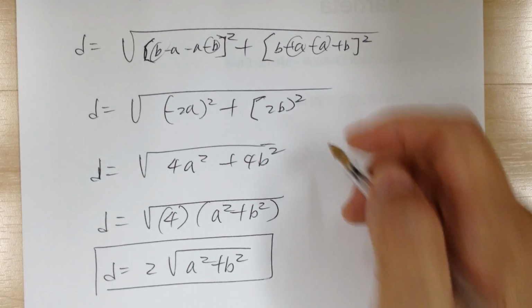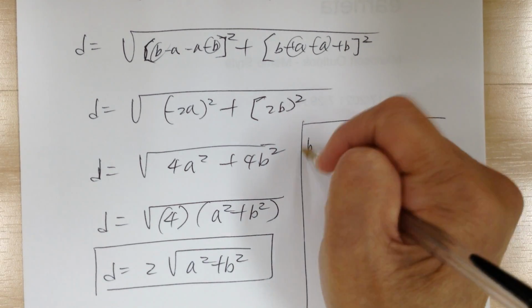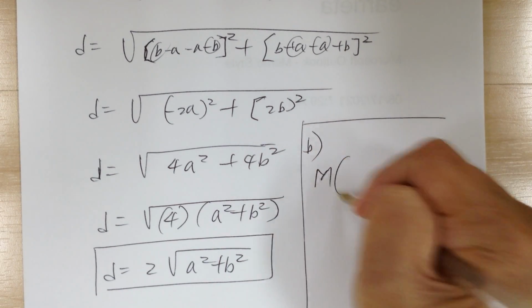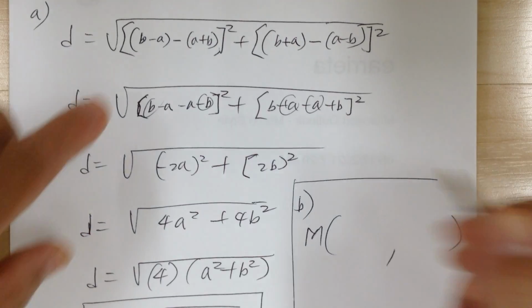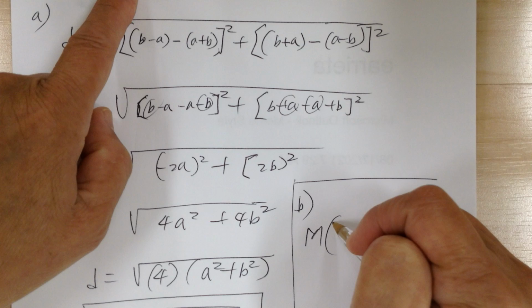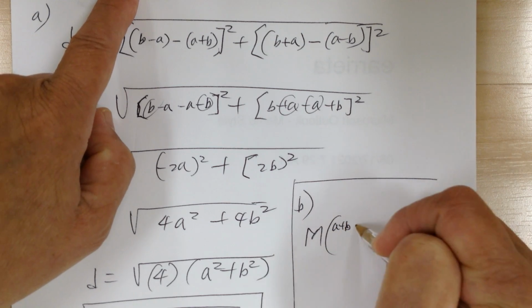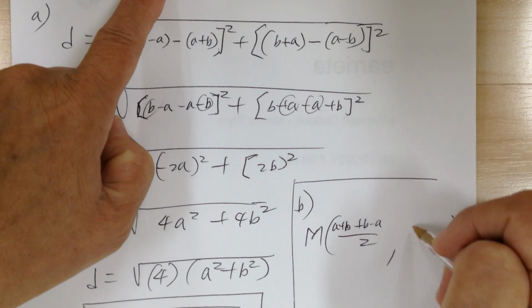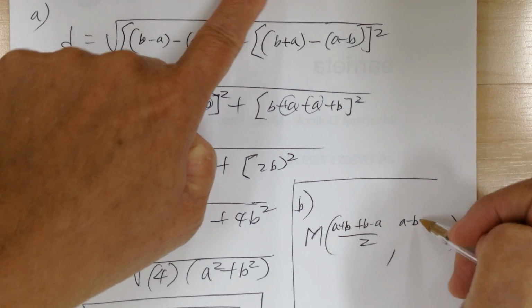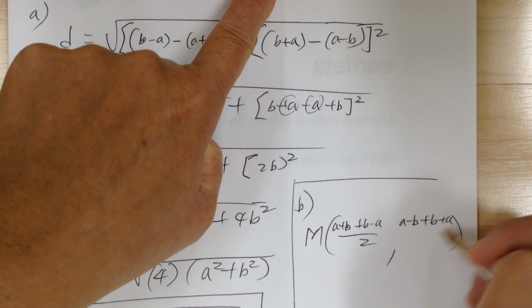Now to do part B, the midpoint, you just add the two. So you're going to have A plus B plus B minus A over 2. For the y, you're going to get A minus B plus B plus A over 2.